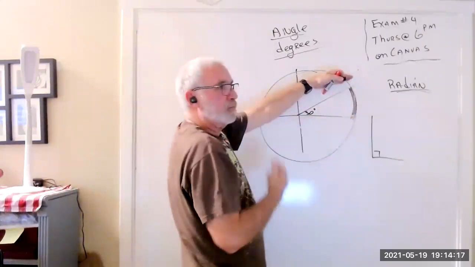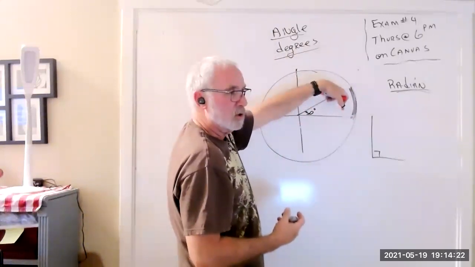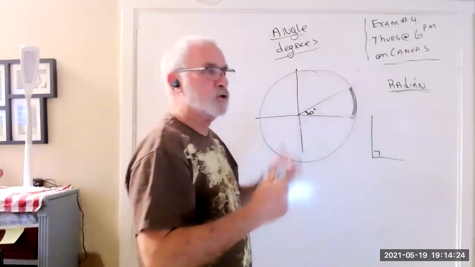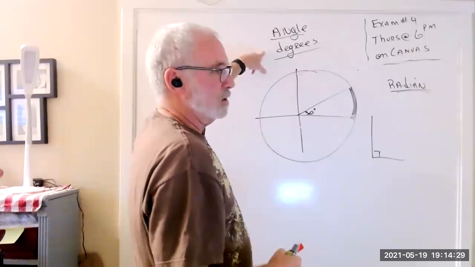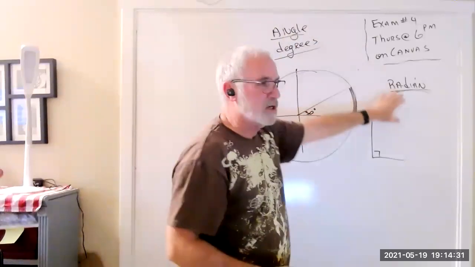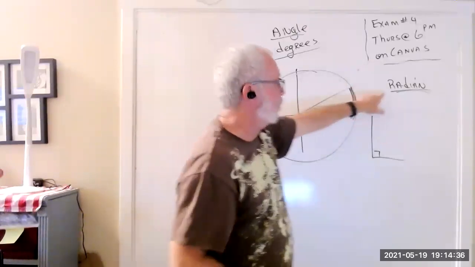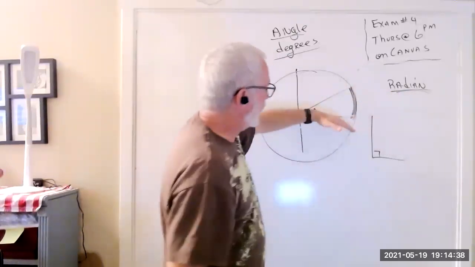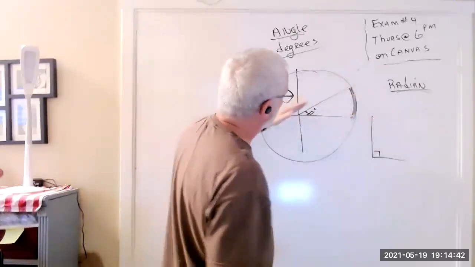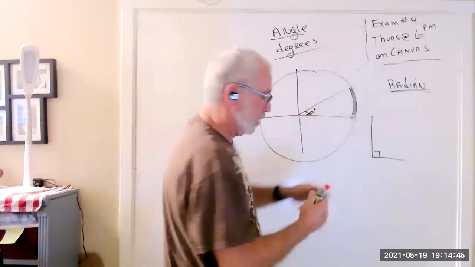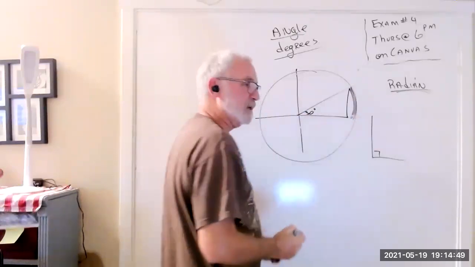An arc is a piece of the circumference of the circle. So in trigonometry they're going to say, okay, you learned all about degrees, those are easy. Now we're going to teach a different way to describe an angle. It's called a radian. And a radian just says, if I open up this arc on the circle, it creates a triangle, and I can then find all the missing pieces.